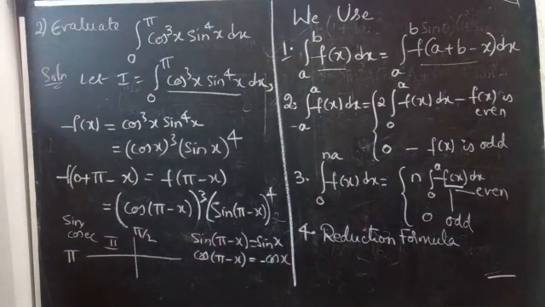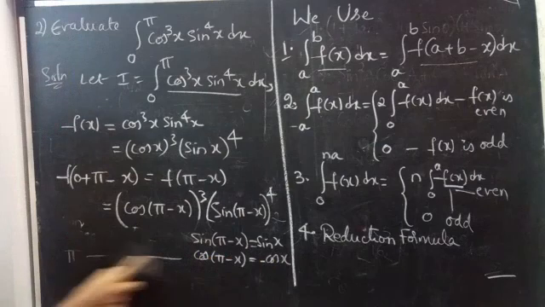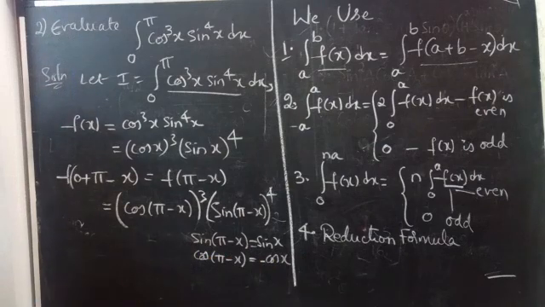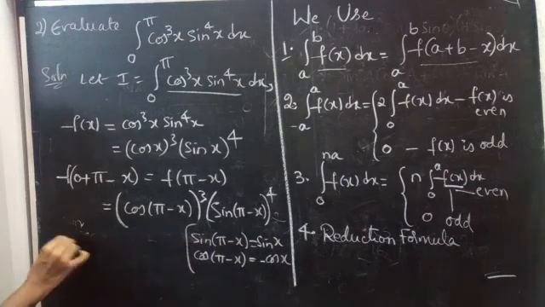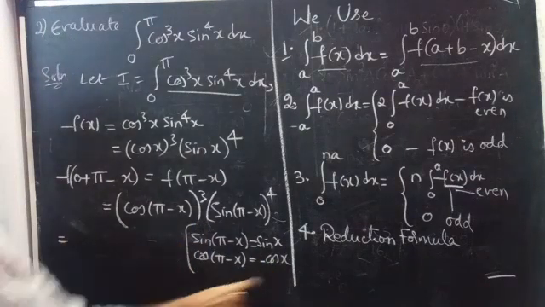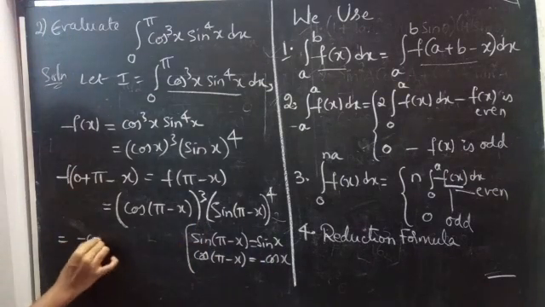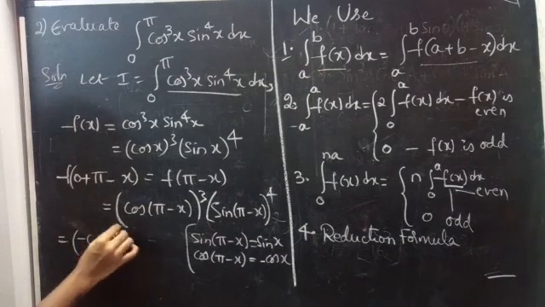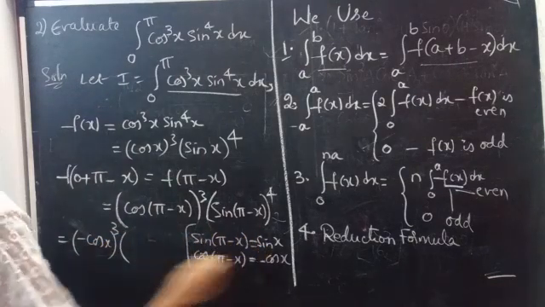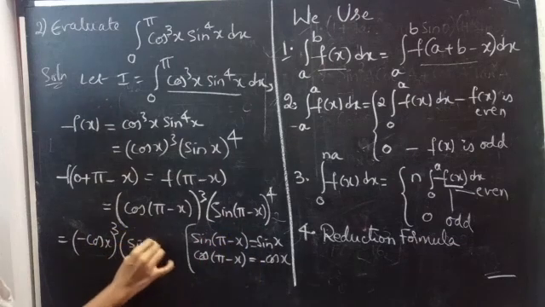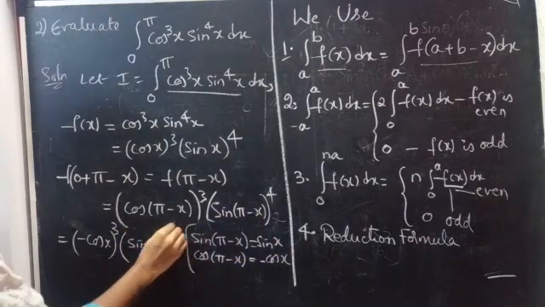Okay. So now replace cos of pi minus x with minus cos x: minus cos x whole cube into, now replace sin of pi minus x with sin x, sin x whole power 4.